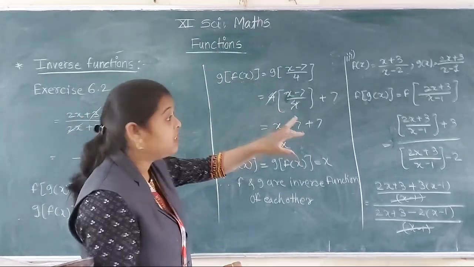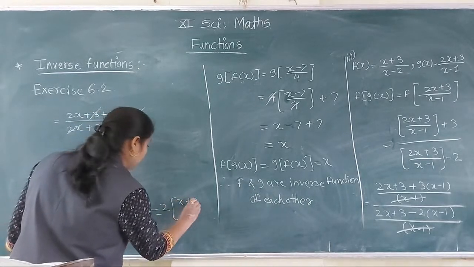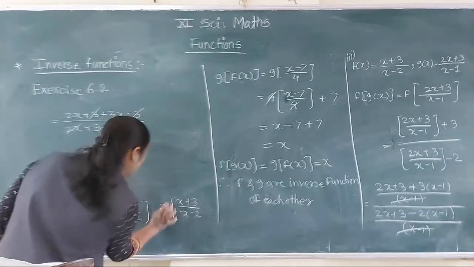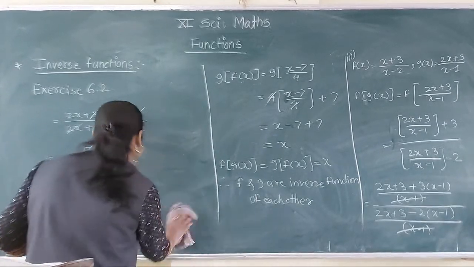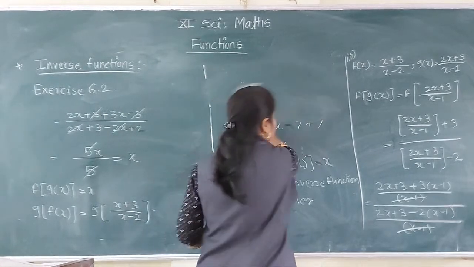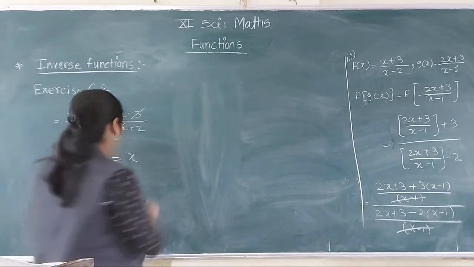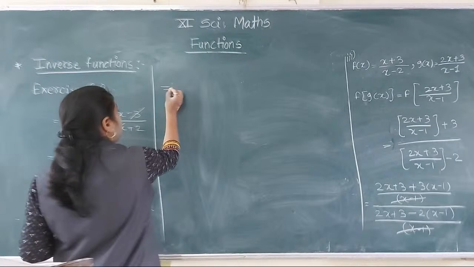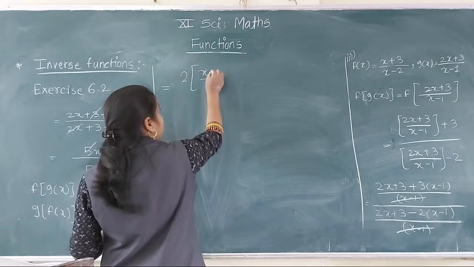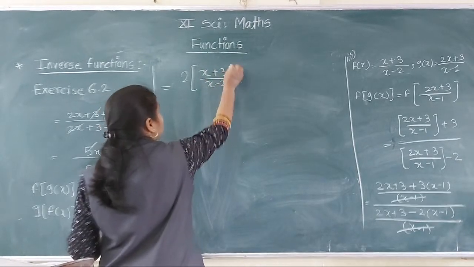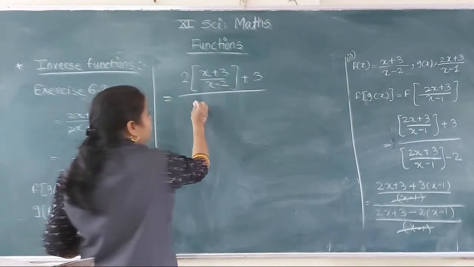g काय आहे फंक्शन 2x + 3 जिथे जिथे x आहे तिथे तिथे काय लिहायचं, आपल्याला x + 3 upon x minus 2, x + 3 upon x minus 2 I write here, which is equal to 2x, instead of x we write x + 3 upon x minus 2 plus 3 upon x minus 1.